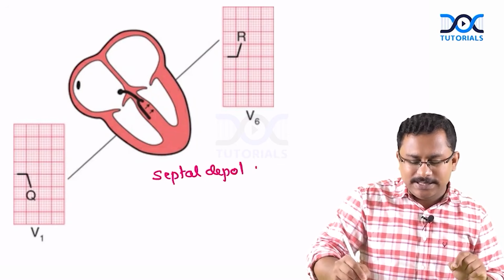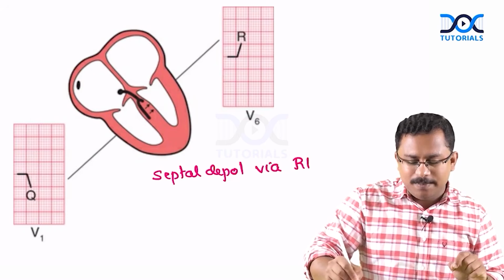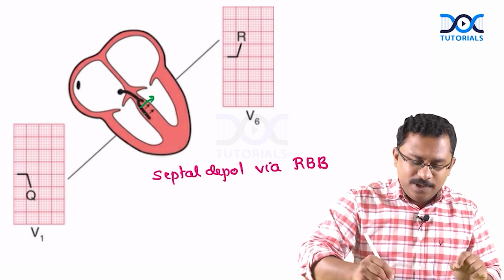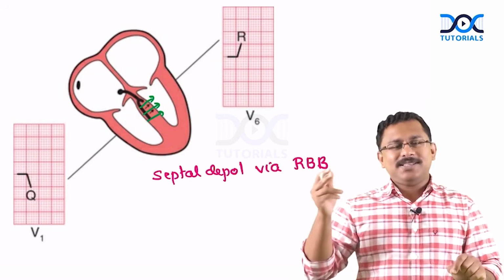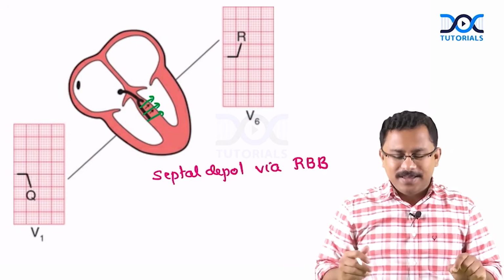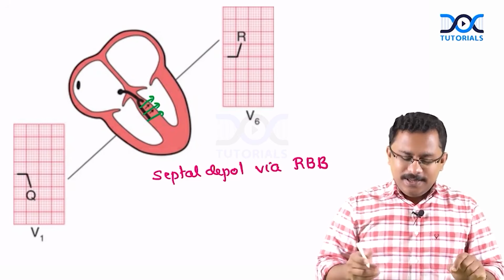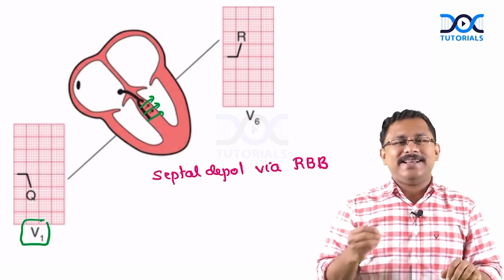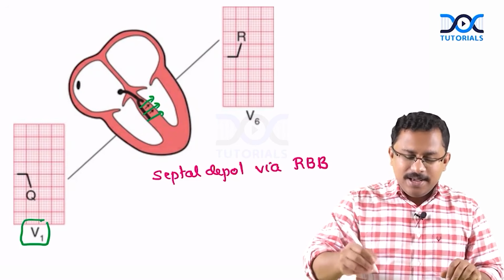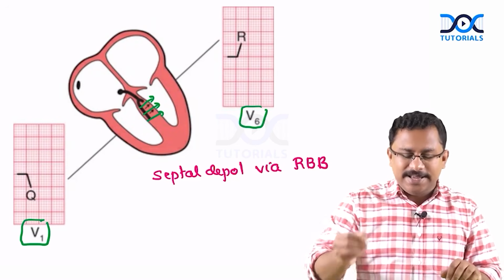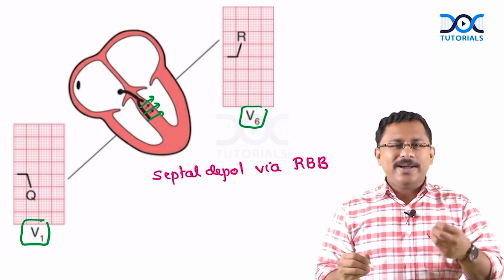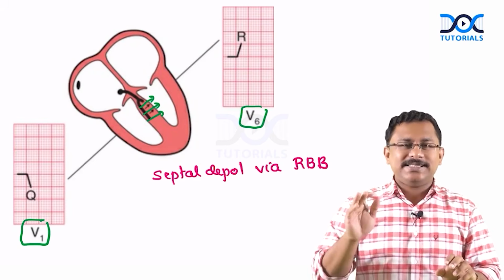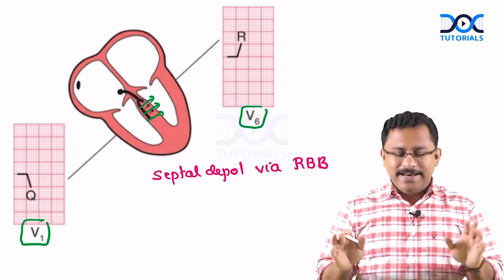The direction of depolarization will be reversed, from right to left, because of which, unlike the normal state, you will have a negative deflection in V1 and a positive deflection in V6. The first negative deflection is always a Q wave and a positive deflection is the R wave.